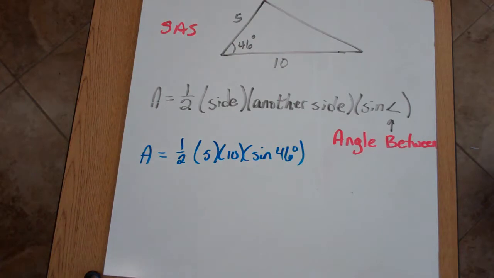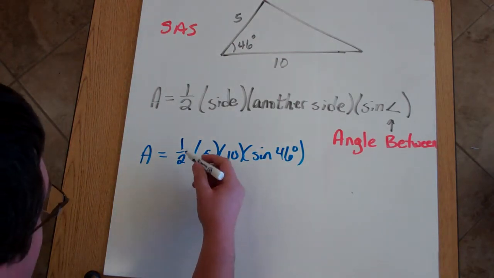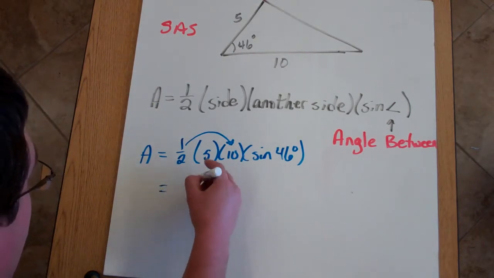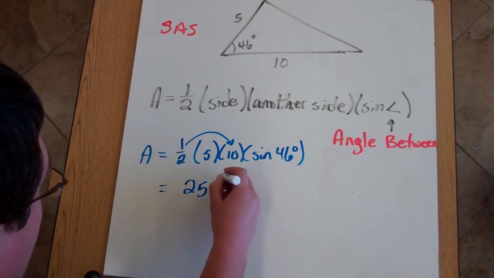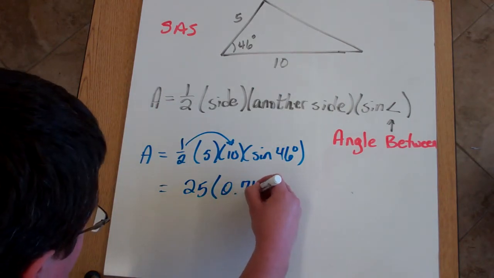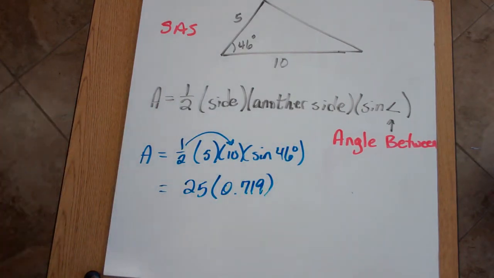I'm going to go ahead and distribute the 1/2 to the 10. So this is going to be 5 times 5, which is 25, times the sine of 46 degrees, which comes up to 0.719. Multiply that by 25.